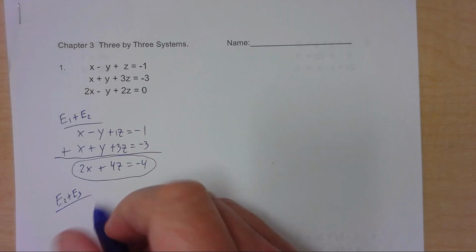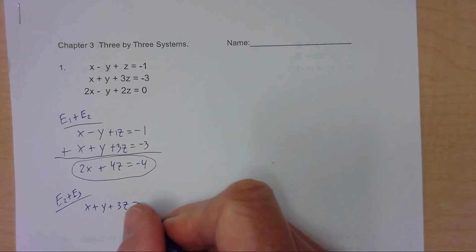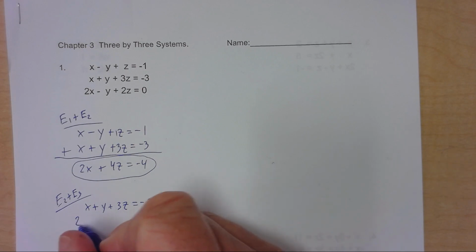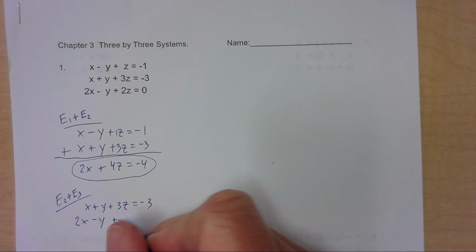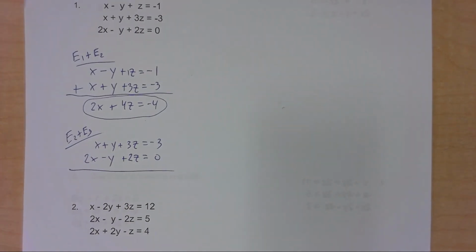So copy it down. Equation 2 is x plus y plus 3z is equal to negative 3. Equation 3 is 2x minus y plus 2z is equal to 0. Now when I add these together, it's going to make the y go away again.